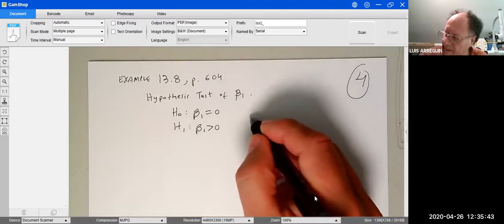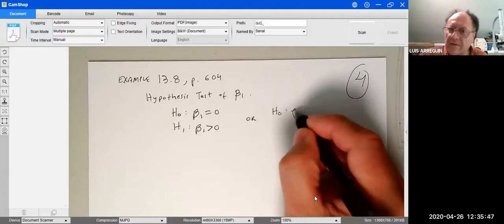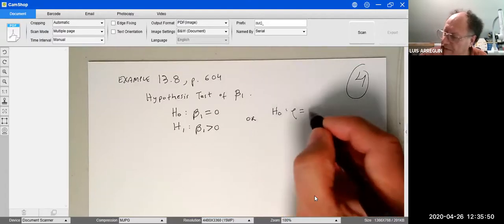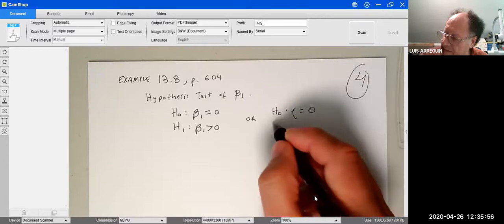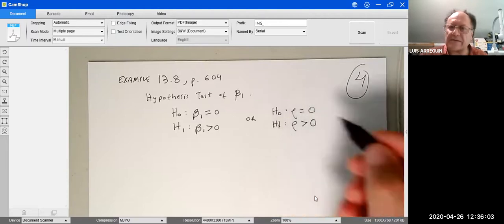So you can write also that rho, the correlation coefficient for the population of the order pairs, is going to be 0, and the alternative is that rho is going to be greater than 0.